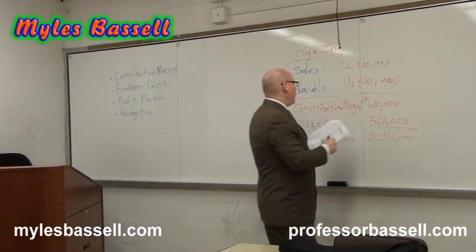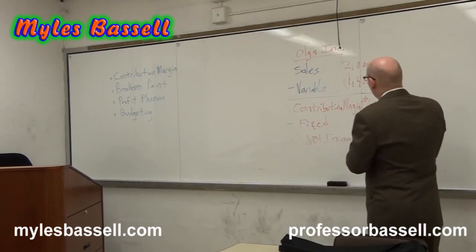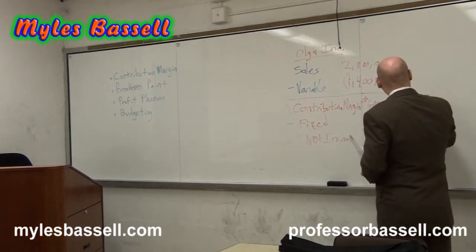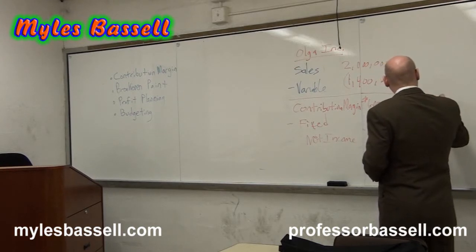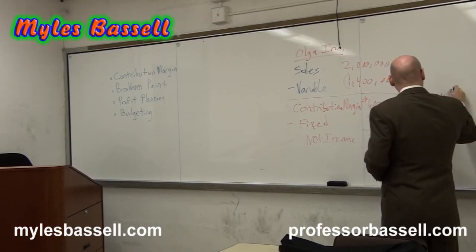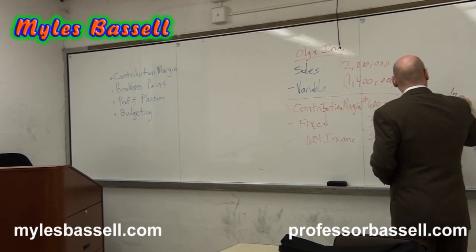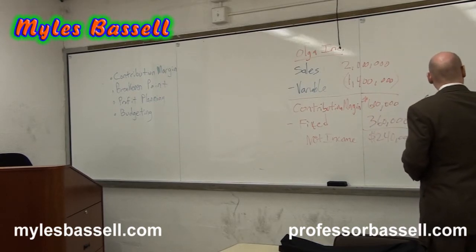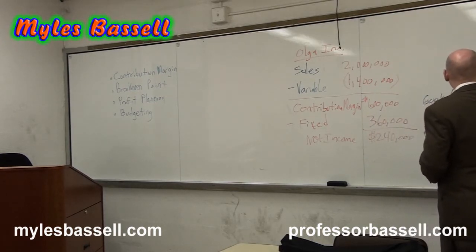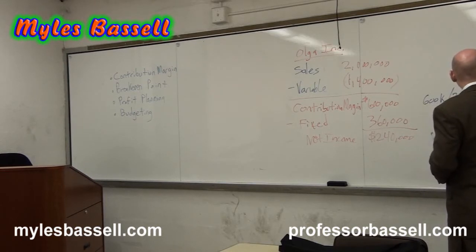So 600,000 divided by 2 million equals what? 30%.